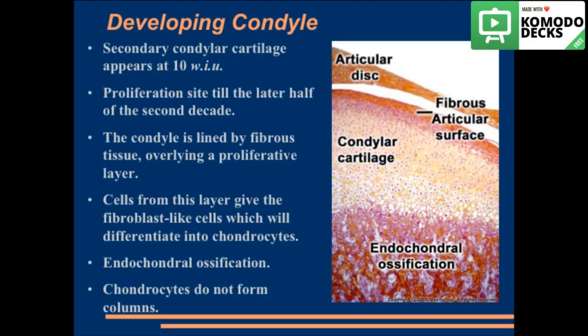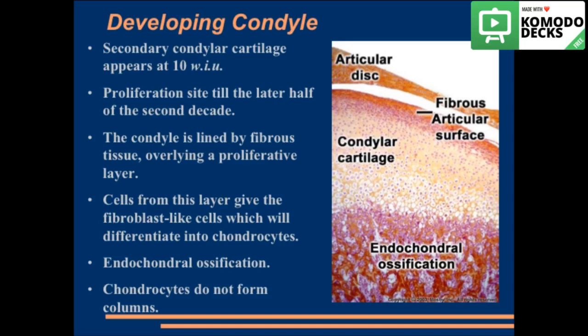As to the developing condyle in a child, the secondary condylar cartilage starts at around 10 weeks intrauterine and stays until the second decade, 20 years of age, as a proliferation site. The condyle would be lined in a fibrous tissue that overlies this proliferative layer.